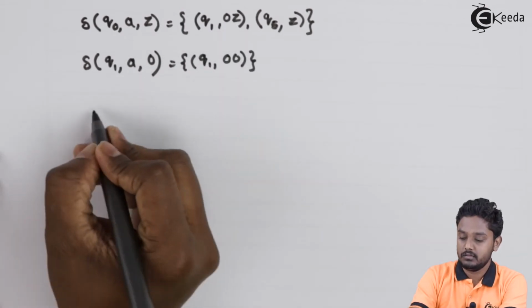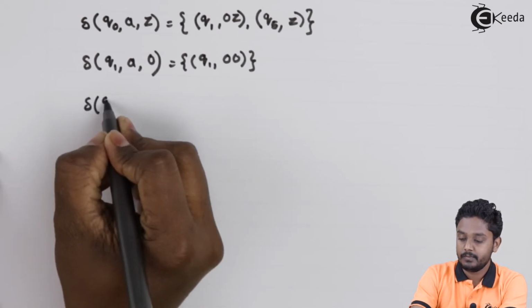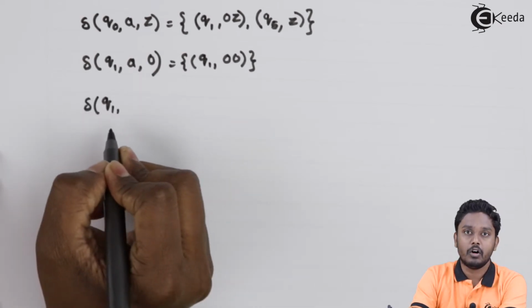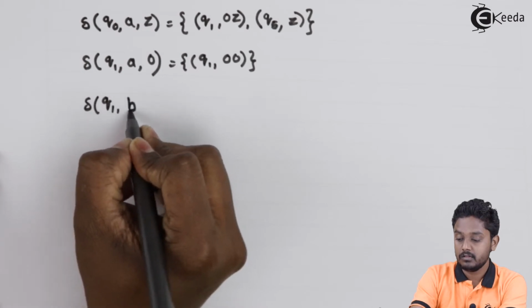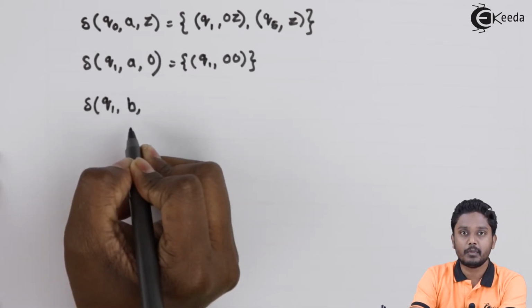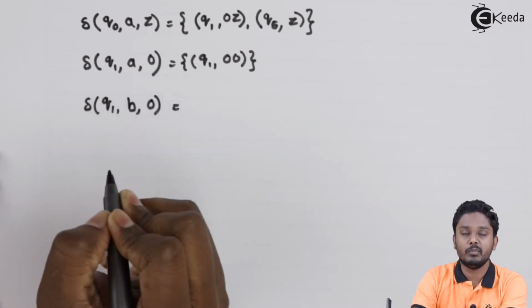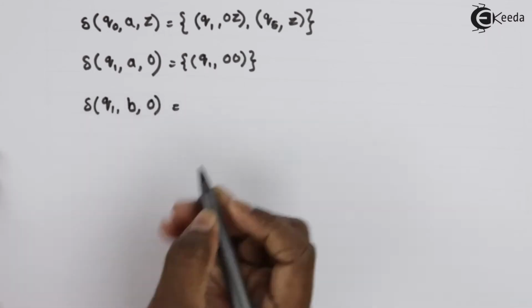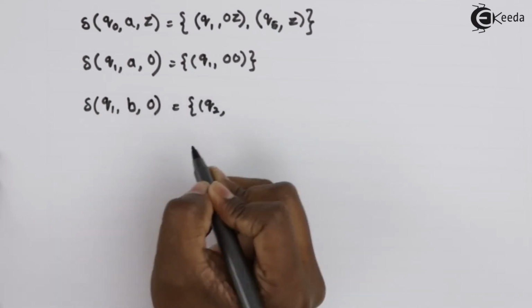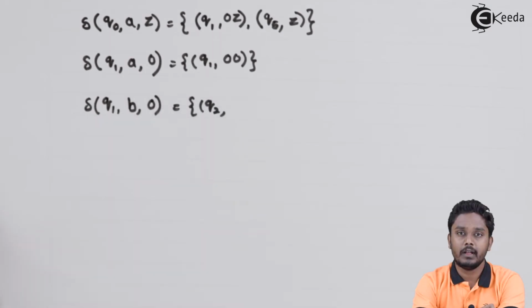Q1 on B with 0 as the top of the stack will move to the state Q2, keeping the 0 as it is.